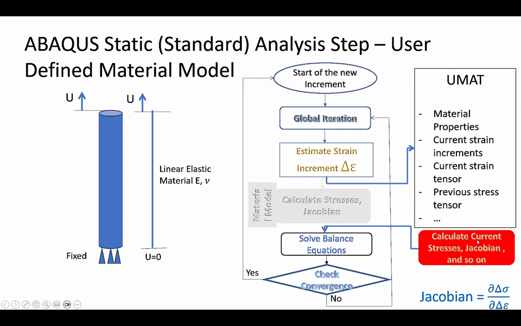Again, it calculates the current stress and Jacobian. I have written the Jacobian definition down again here. Then it solves for balance, and if it converges, it updates the stresses and goes to the next increment. If not, it goes back and comes back with a smaller time increment. So this is the whole cycle.